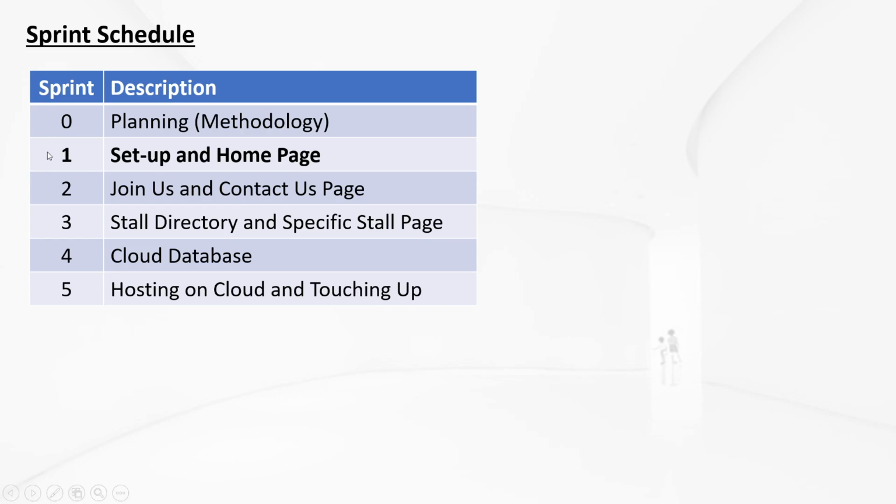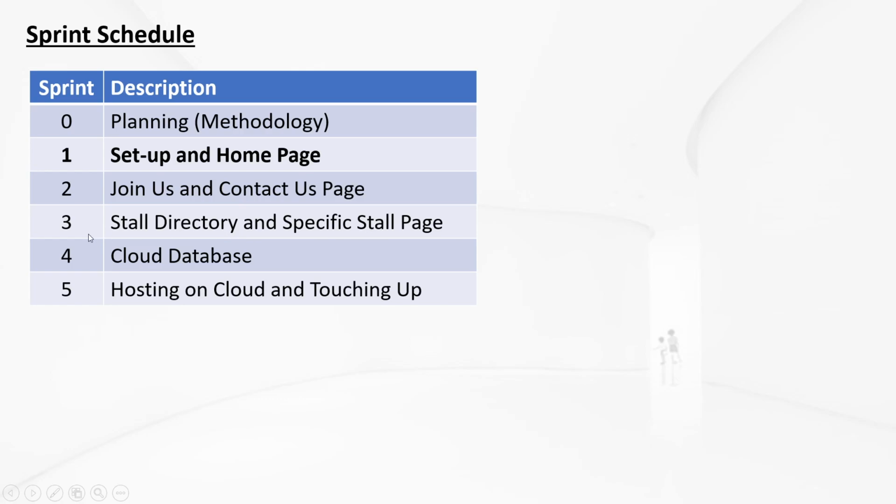So as you can see from my mouse here, in Sprint 1 to 3, I will be developing the front end. By front end, I mean the user interface, which is the pages. So you can see from 1 to 3, there is the setup page, the home page, the join us, the contact us, the store directory, and the specific store page.